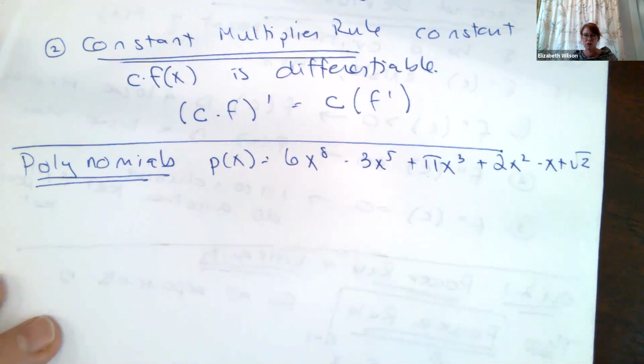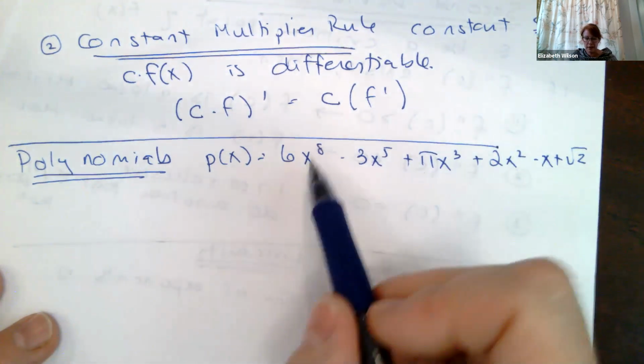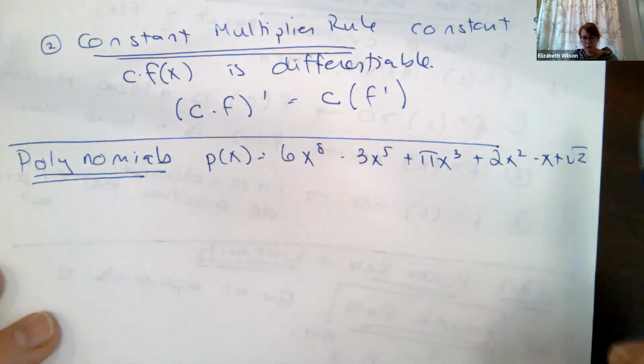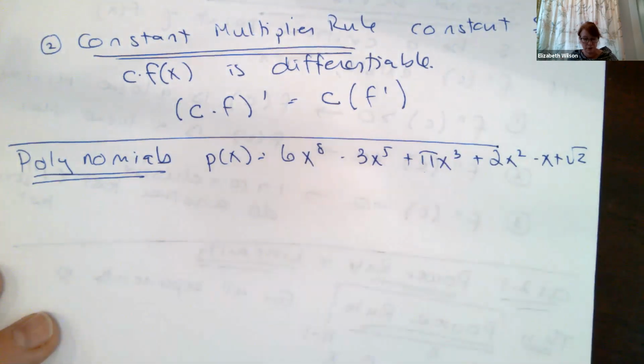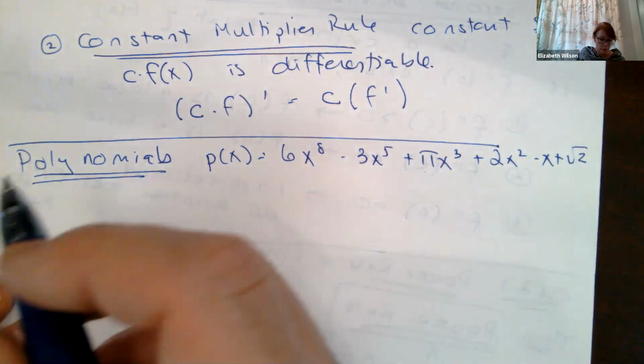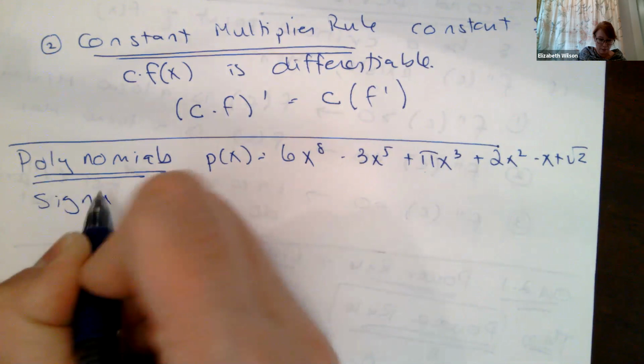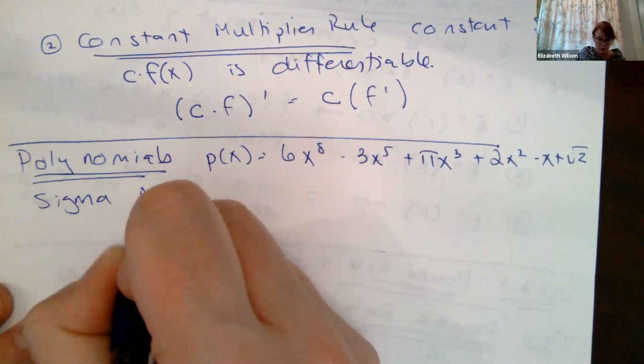I've got this long stream of terms. We usually write it with the highest exponent first and going down. When you get to calculus 2, you reverse it and go from the lowest one up, for reasons that you'll find out next semester. But when we talk about polynomials, it's helpful to think in terms of what we call sigma notation.